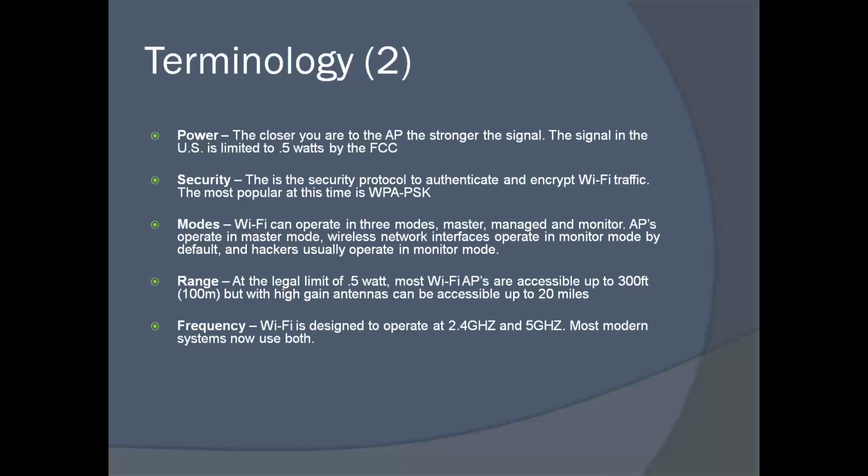The range, at the legal limit of half a watt: most Wi-Fi APs are accessible up to 300 feet or about 100 meters, but with a high gain antenna can be accessible up to 20 miles. We've seen experiments done with big parabolic antennas where we can actually pick up Wi-Fi signals up to 20 miles, but that's a very unusual case.